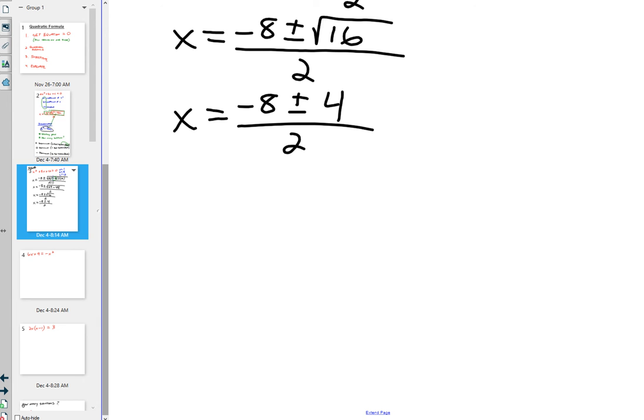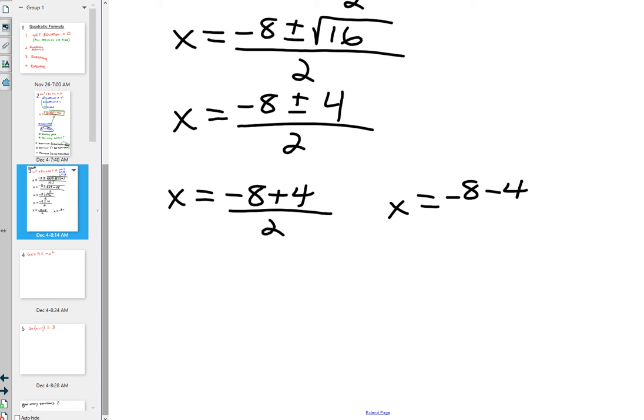What did we learn about the plus or minus earlier this week? If you are able to do it, what should you do? You split it. So 1 with plus and 1 with minus.